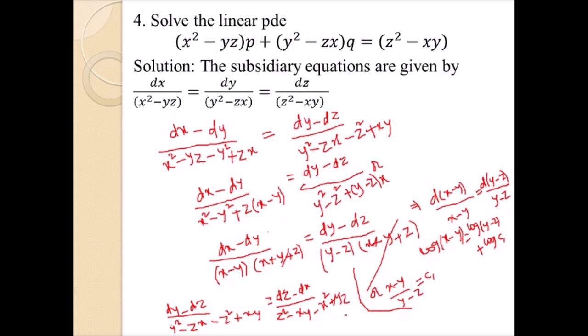So we get the second solution as y minus z by z minus x is equal to C2. So this is my first solution and this is my second solution. Then I can write the general solution.